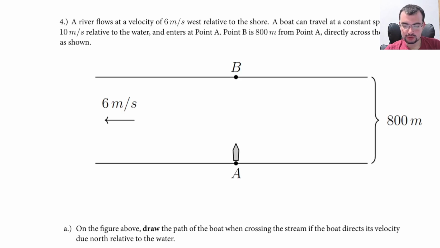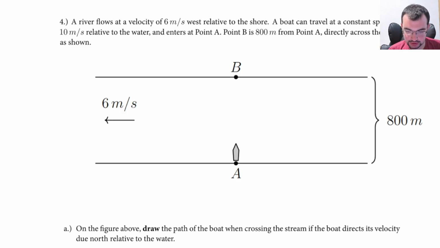All right, this is a classic one. It's already been pointed out to me that 6 meters per second is a ridiculous speed for a river. Try to do things that are physically reasonable, but sometimes we make mistakes. A river flows at a velocity of 6 meters per second west relative to the shore.